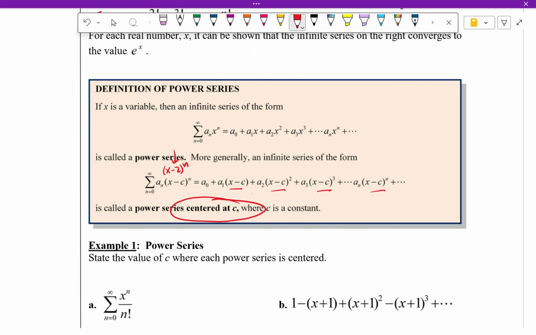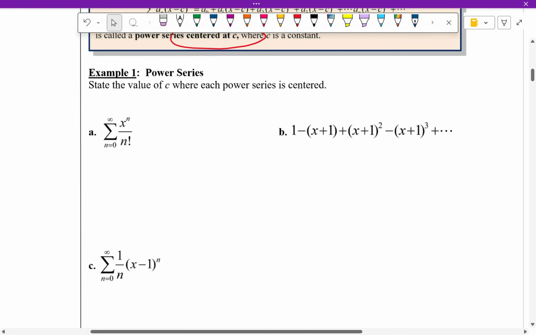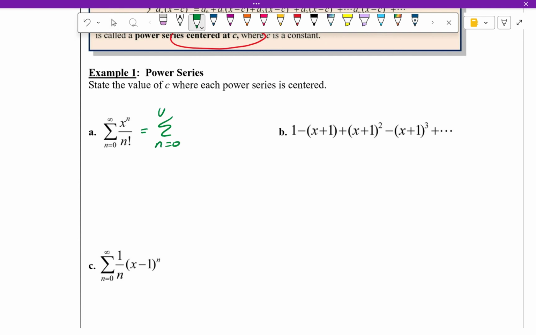All right, so sometimes we have to do a little bit of work to find the center. All they're asking us to do is state the value of c where the power series is centered, because understanding where the center is is part of understanding how big the radius is and how big the interval is. I'm going to rewrite this one just a little bit, as x plus 0 to the n power over n factorial, which is a Maclaurin.